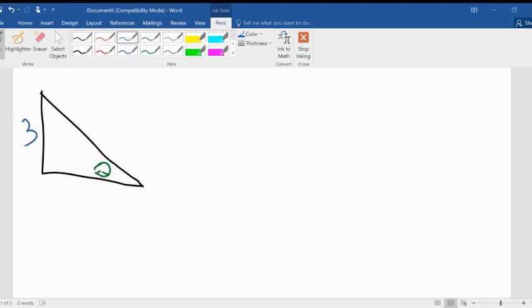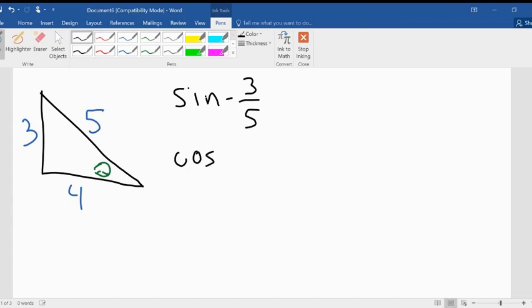Let's say the length of this side is 3, this side is 4, this side is 5. If I want all 6 ratios of theta, sine is opposite over hypotenuse, so the opposite of theta is 3 over the hypotenuse, 5.